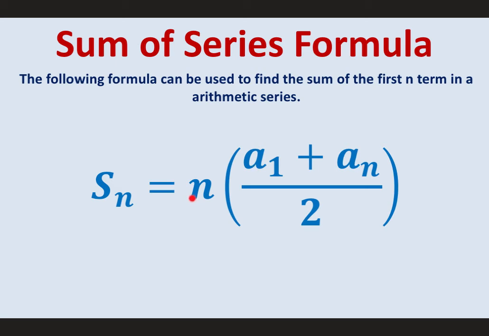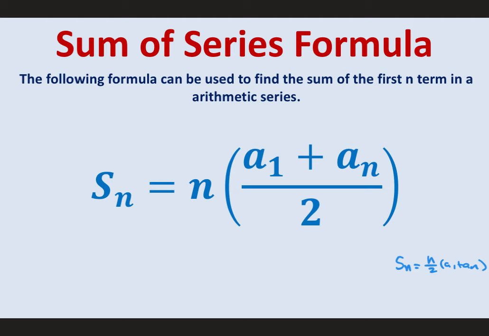We're multiplying by the number of terms, but we're cutting it in half, and sometimes you'll see this formula written a tiny bit differently. You might see Sn equals n over 2 times a1 plus an. It's really the same thing, but it's saying we're adding up the first and the last, and then we're multiplying by half the number of terms in our series.